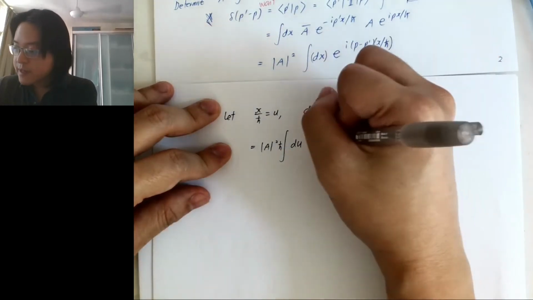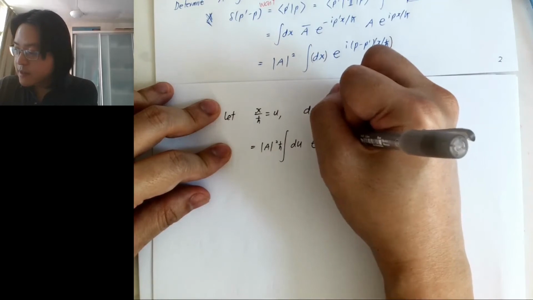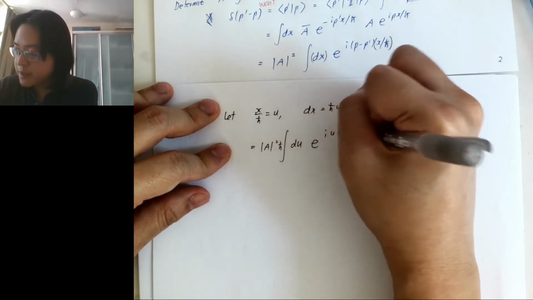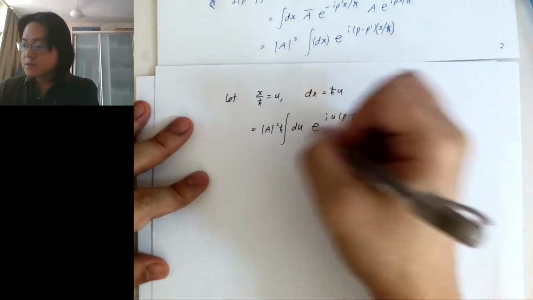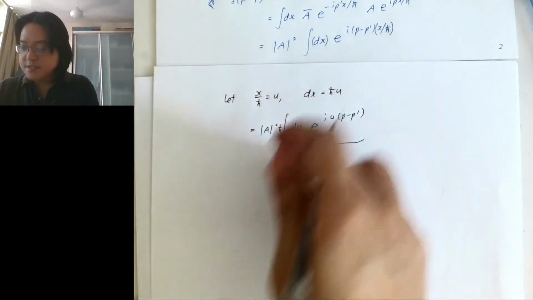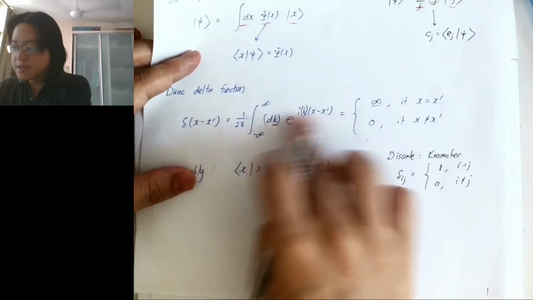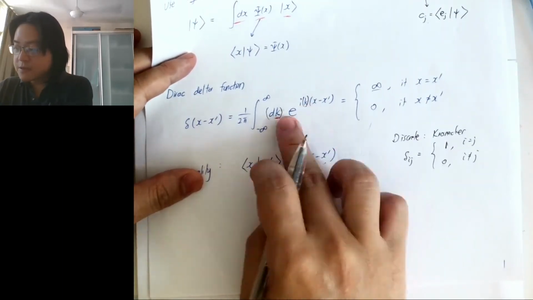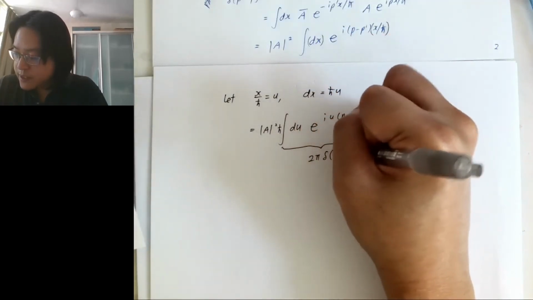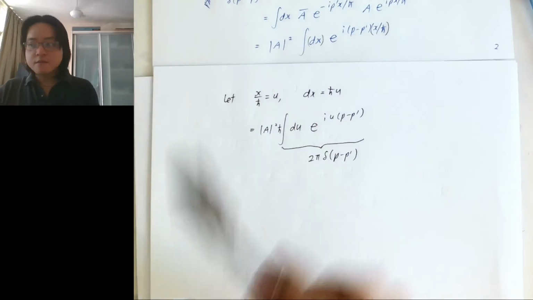And then I got e to the power of i u, and then p minus p prime. So this was my definition of the delta function, just changing the variables a little bit. So this is equal to this, so this becomes 2 pi delta of p minus p prime.